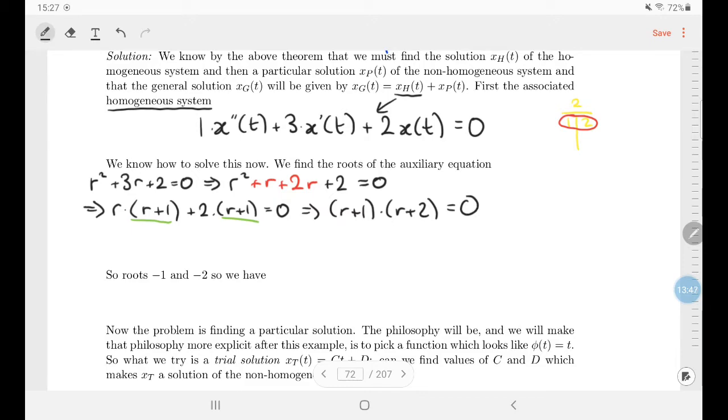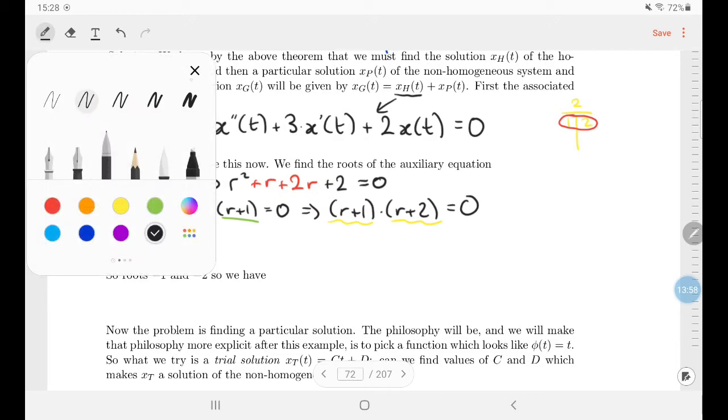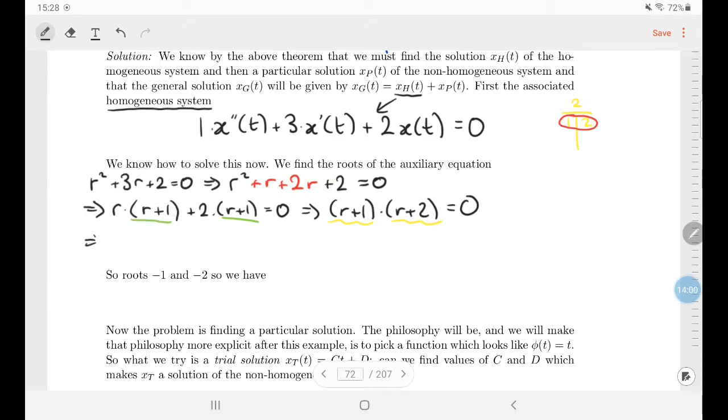So you've got two numbers now, r plus 1 and r plus 2, that multiply together to give you 0. The only way that can happen is if one of them is 0. So therefore, r plus 1 is equal to 0, or r plus 2 is equal to 0.